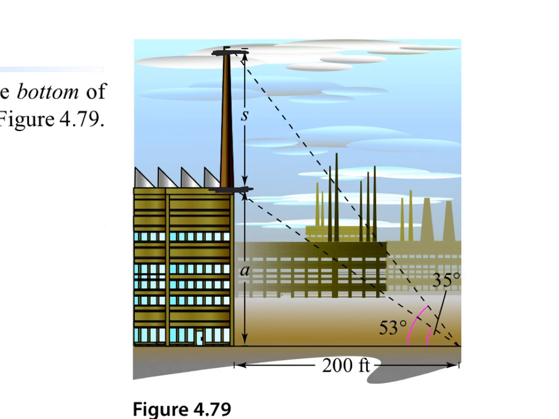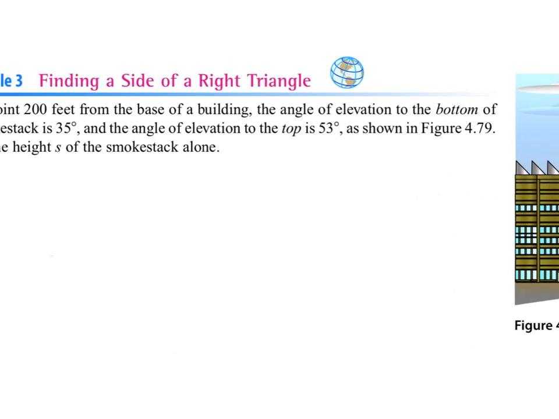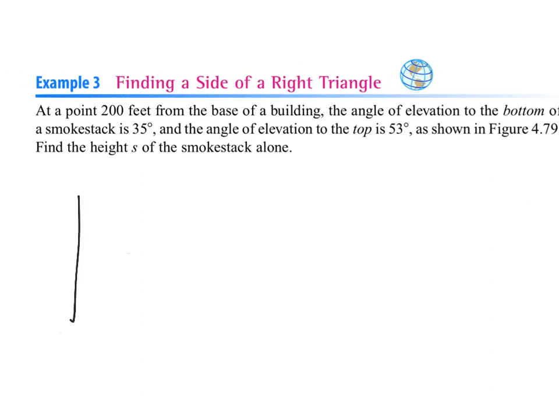You're going to find the height from the ground to the bottom of the smokestack. You're going to find the height from the ground to the top of the smokestack. And then do what to those two answers? Subtract them. That'll give you the difference. Does that make sense? So how many triangles should you draw? 2. You should not try and do everything in one picture and be like, oh my gosh, I'm so confused. Right now, draw 2 right triangles.